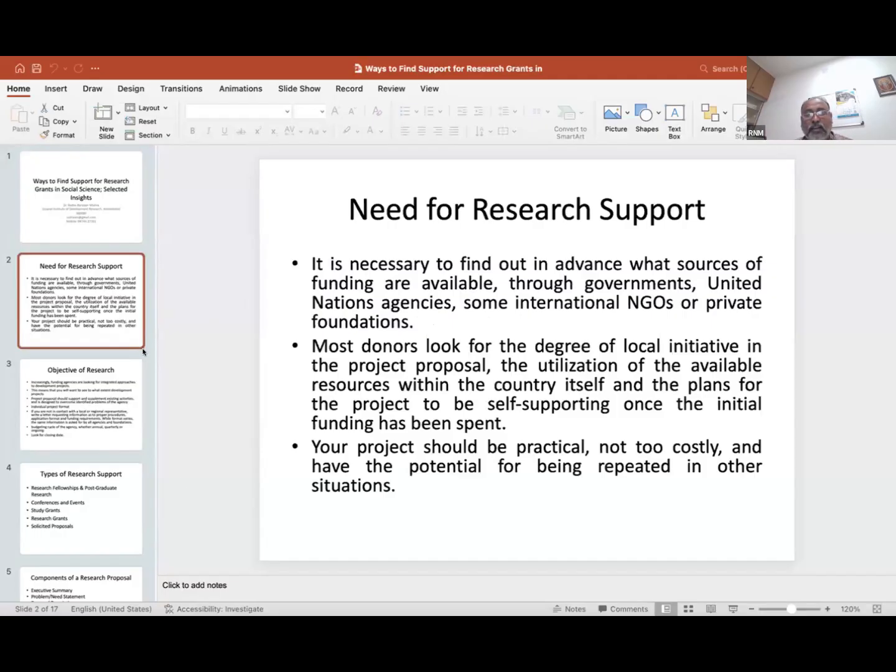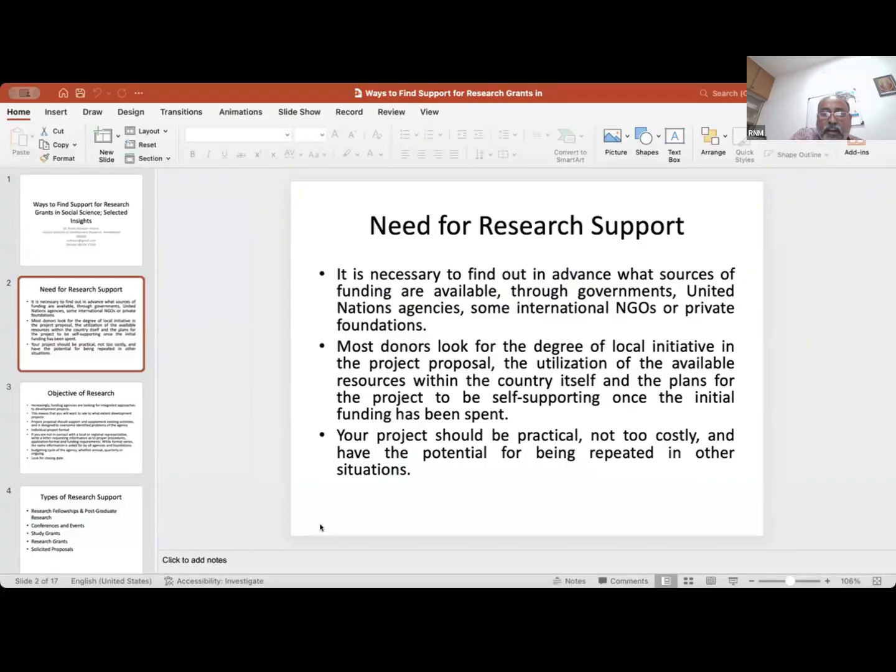Okay, so the first slide. Let's see. So that's what I told. The first thing, the difference we have to understand between research study and a research proposal. A research study is much more the researcher's initiative. Not necessarily that it is always not getting any funding, but you have to be very clear to see in the call whether they are seeking a research study or a research proposal.